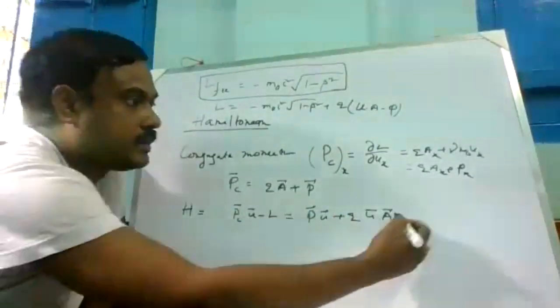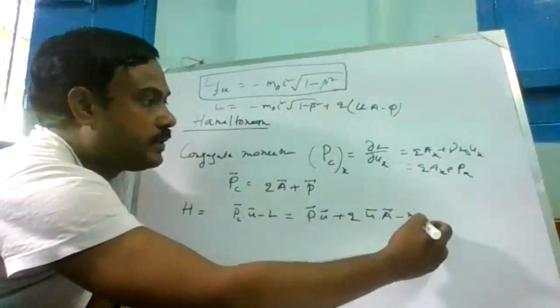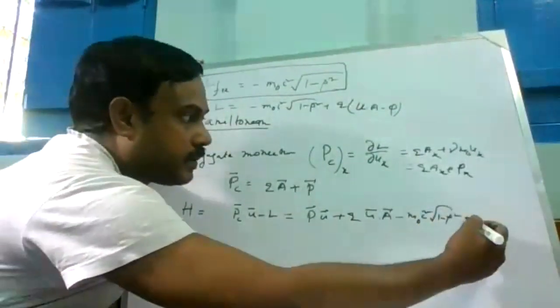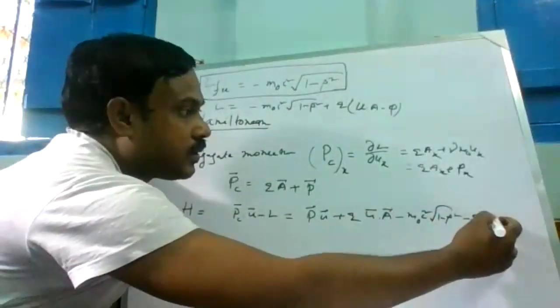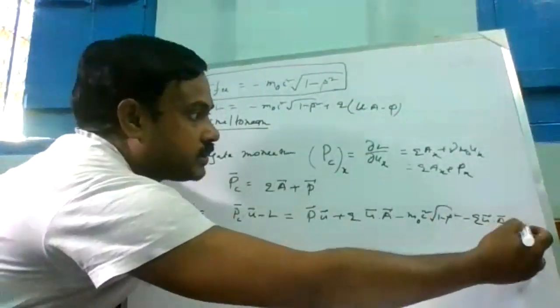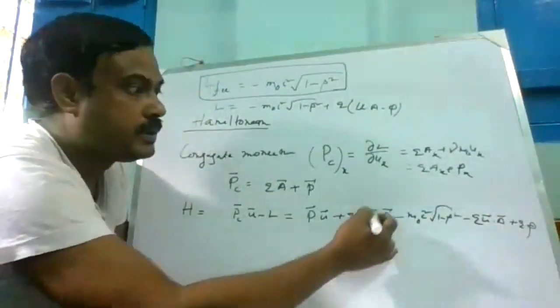Now write L as minus m0 c² times the square root of 1 minus β², plus q u·A minus qφ. But the u·A term will cancel.